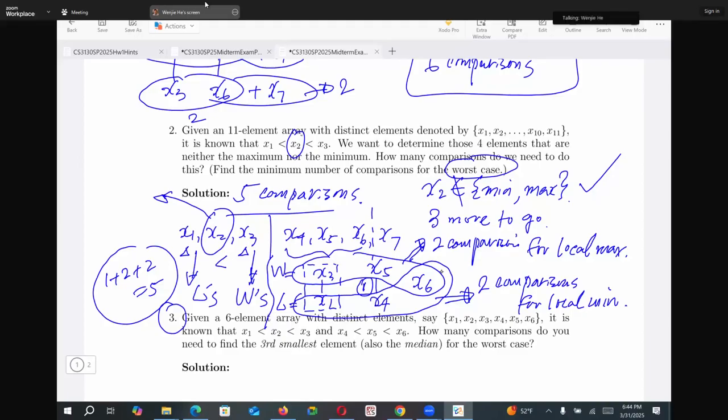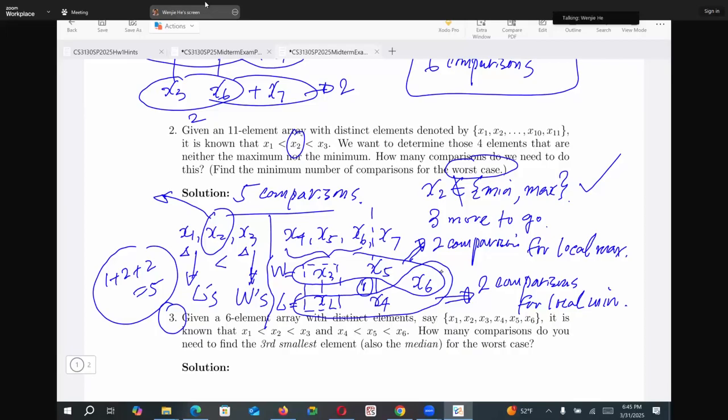Because if X6 is not the local maximum, we use other elements as the maximum, then X6 still needs to join comparison for the local minimum, right?